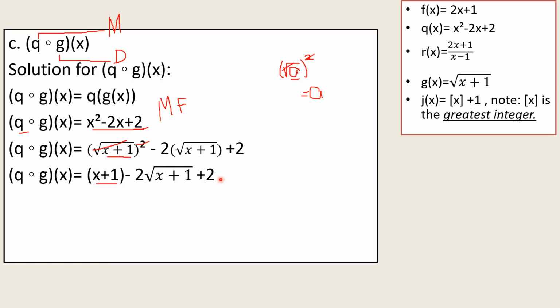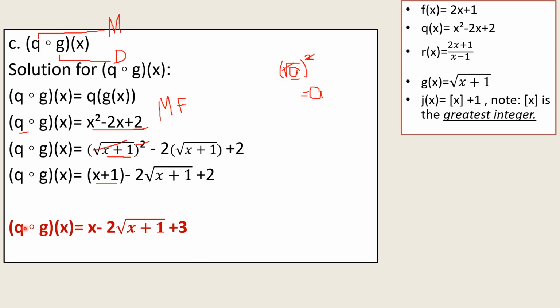Lahat ng pwedeng isimplify, isimplify. So, dito, ang pwede nating isimplify is ito lang si 1 at saka si 2. Si x, hindi siya pwedeng isimplify dito. Kasi si x dito, part siya ng buo. Okay? So, hindi po sila similar terms. So, ang pwede lang isimplify is si positive 1 at saka si positive 2. Therefore, ang magiging final answer natin would be ito.